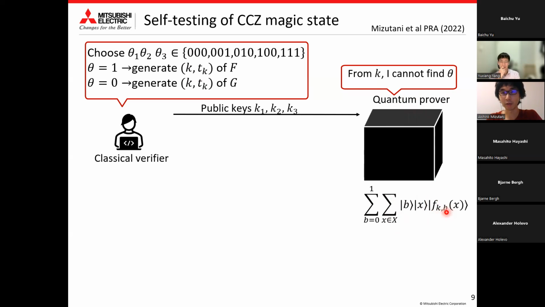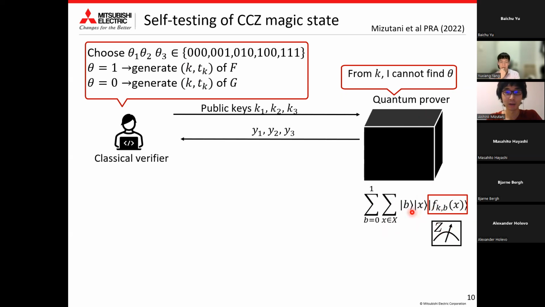He computes the function output coherently, where B and X are the inputs of this function. After the prover generates this state, the prover measures the third register in the computational basis and obtains the outcome Y, which is sent to the verifier.